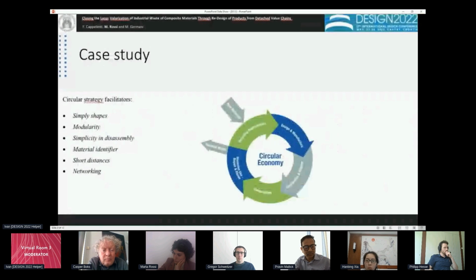Implementation of the methodology identifies the first potentiality of establishing relationships among companies acting in different sectors. In particular, some strategies that can facilitate the implementation of circular economy can be identified, and in particular, the simplicity of shapes and the modularity, which can reduce time and cost of modifications while increasing the design flexibility.